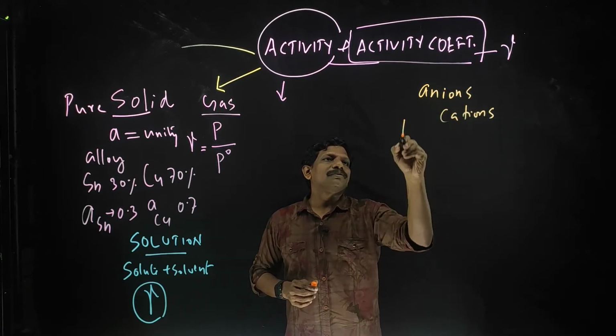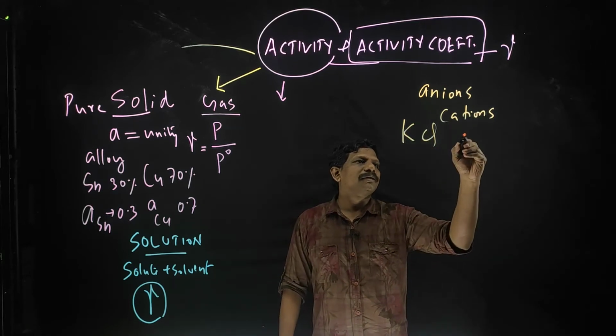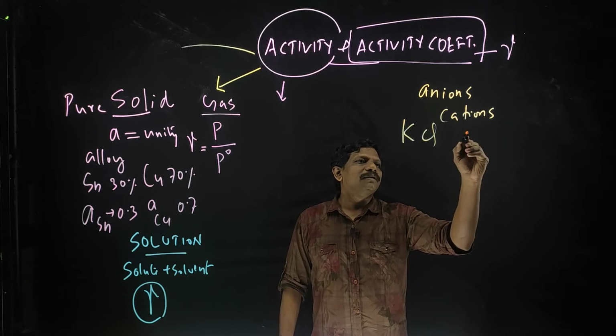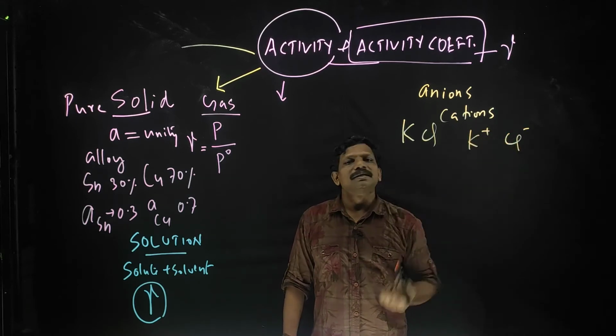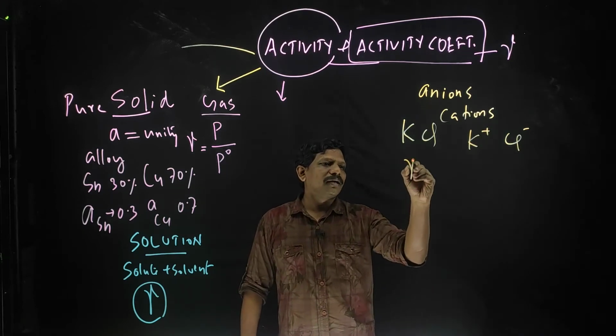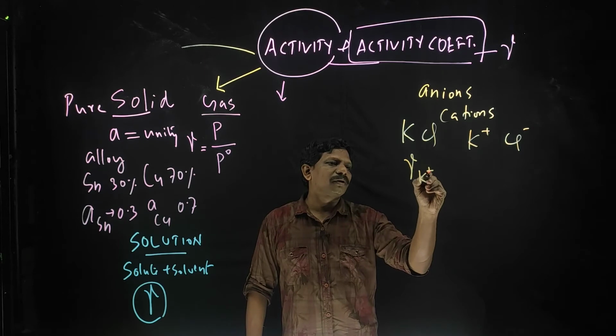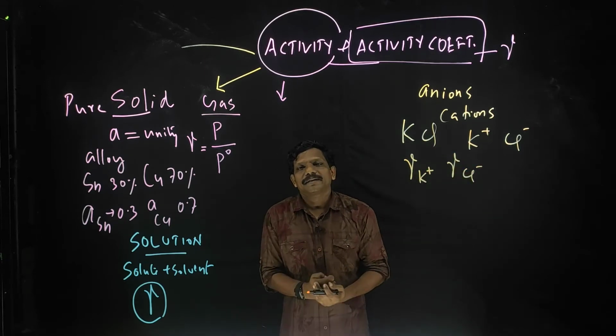Suppose it is a KCl solution. You can see there is K plus and Cl minus. So, you can also write the activity coefficient of K plus and the activity coefficient of Cl minus.